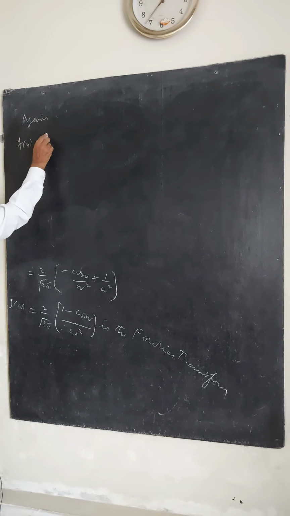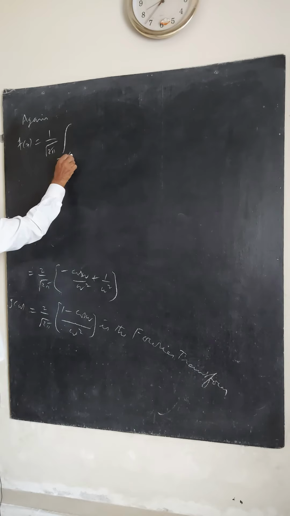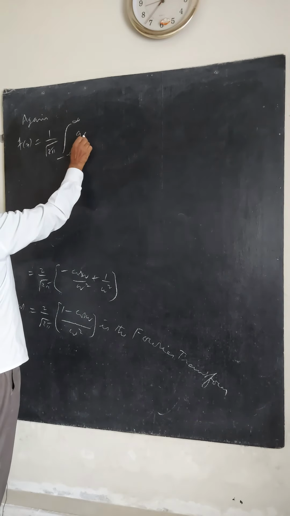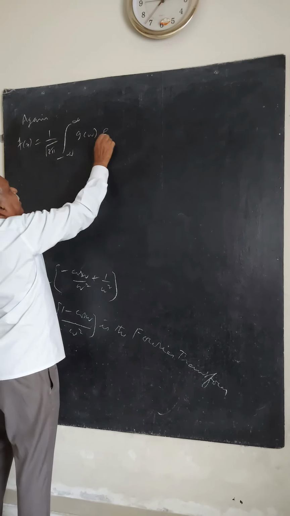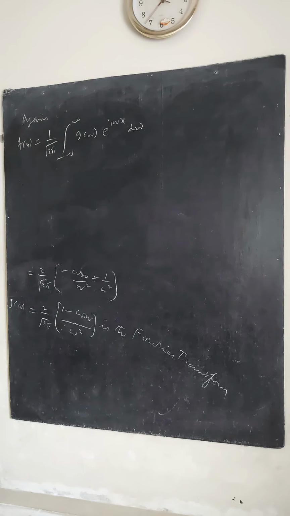Again, the integral for the inverse Fourier transform: 1 by root of 2 pi, minus infinity to plus infinity, g of omega e power i omega x d omega. g of omega is the Fourier transform.